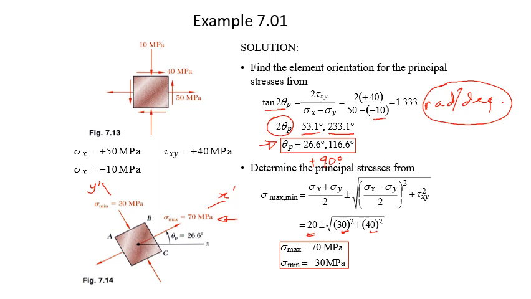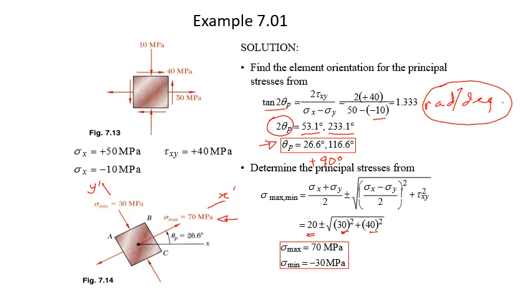Now, a caution here: do not always assume like this, because sometimes the maximum value is not on x prime. The minimum value is on x prime, sometimes. And I assure you that sometimes in your test or exam, we purposely make sure that that is the case. So if you just assume this, you get your answer wrong.